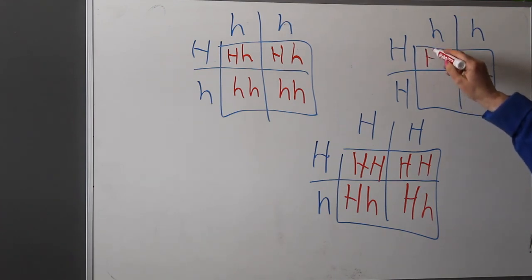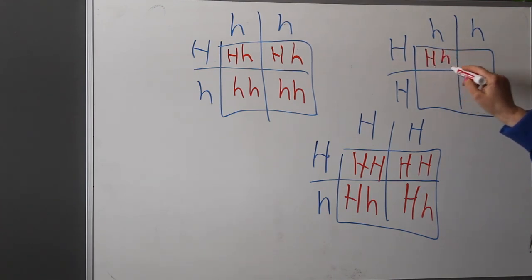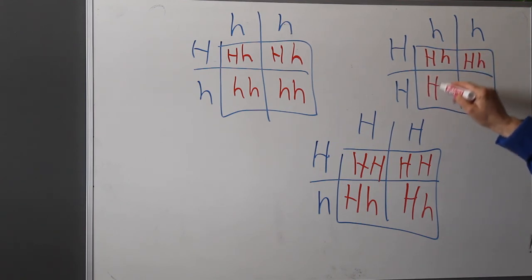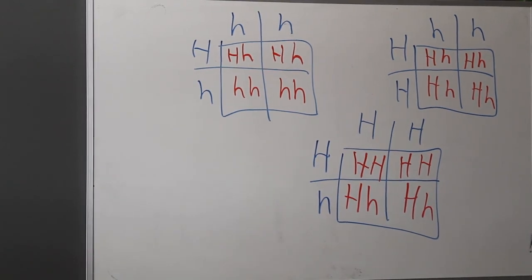Now in this case, we've got a carrier, a carrier, a carrier, and a carrier. So 100% of their children would be carriers in that case. So hopefully you were able to solve those and realize it's just basic Mendelian genetics. And that's good enough for today.